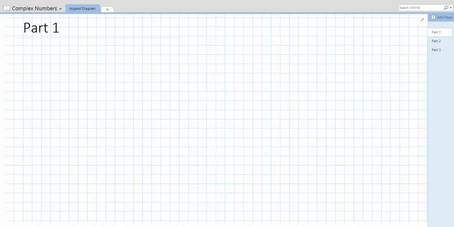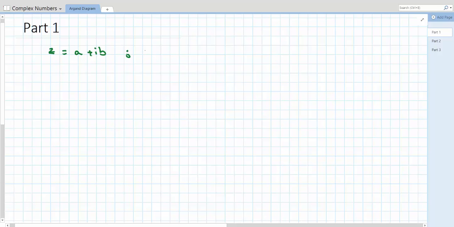By no means is this an exhaustive list of all possible questions, but I will attempt to clarify quite a few of them. So let's first consider two vectors, z, and let's say z is a plus ib, and w is c plus id.